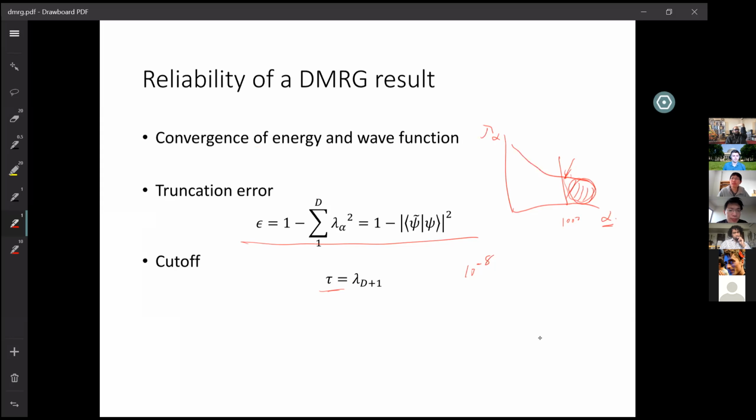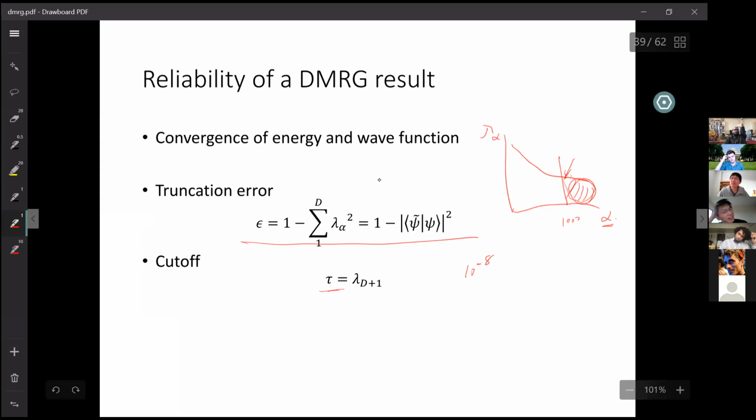The direct connection of the truncation error to the properties of the wave function is through the entanglement, right? The higher the truncation error, the more entangled the system is. I'm not sure how direct the connection is between the correlation functions and the entanglement, but I think there are probably some connections there.